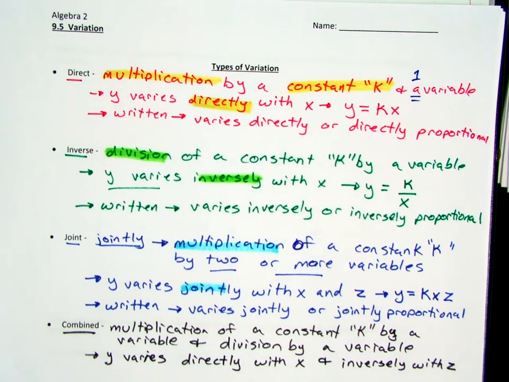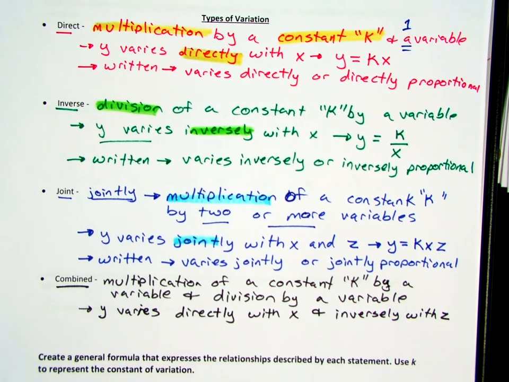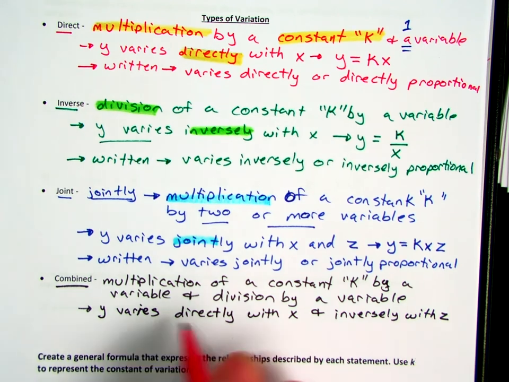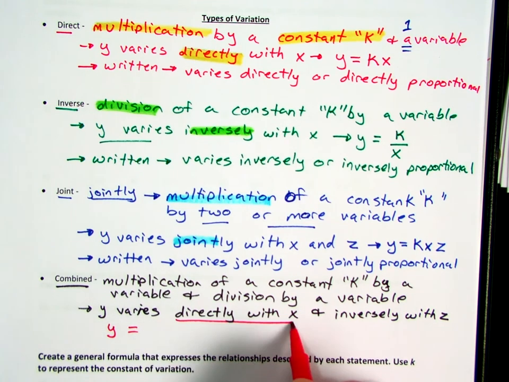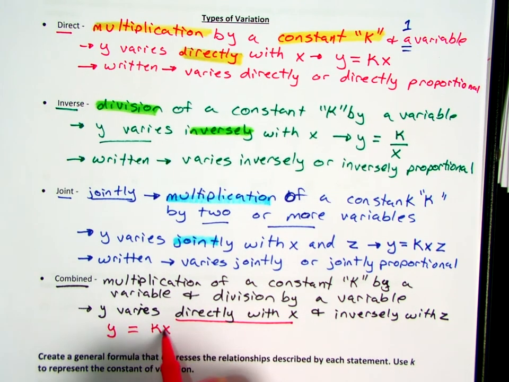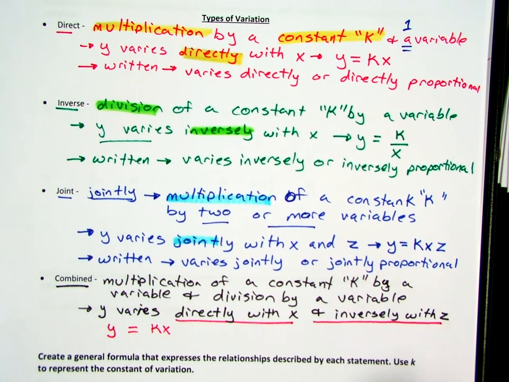So as you notice, it's not like they said combined here like they had been doing in other problems where you'll see the word direct, inverse, or jointly in the problem. You won't see the word combined in these types of problems. Instead, y varies directly with x, so we can say k times x because we know direct means to multiply, and then we're going to combine that with inversely.